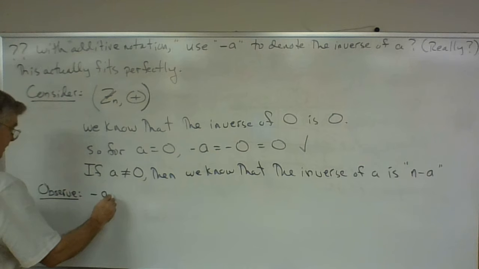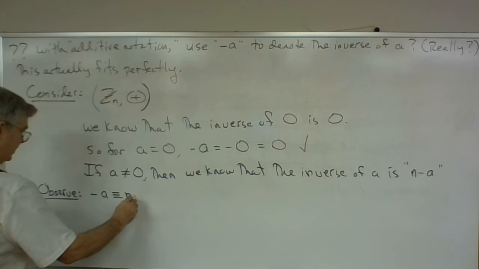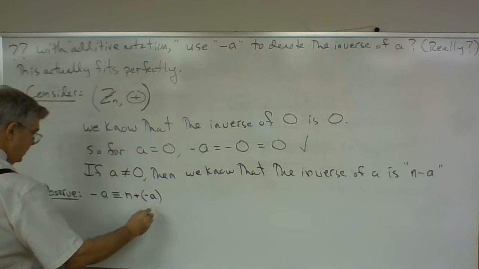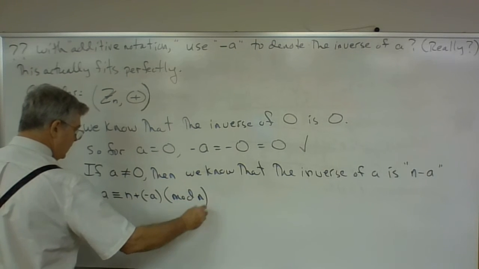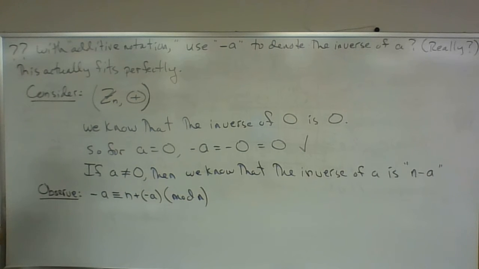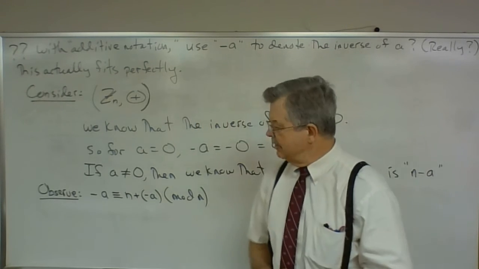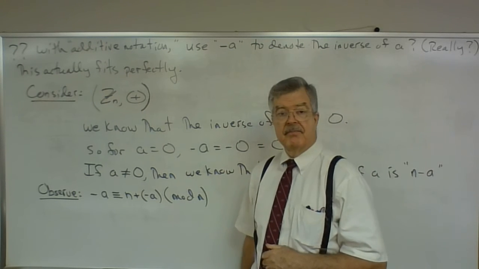Negative A... any two numbers that differ by a whole number multiple of n are congruent mod n.